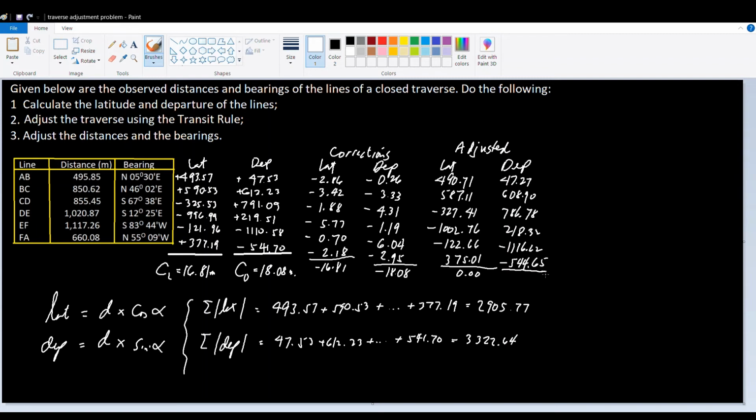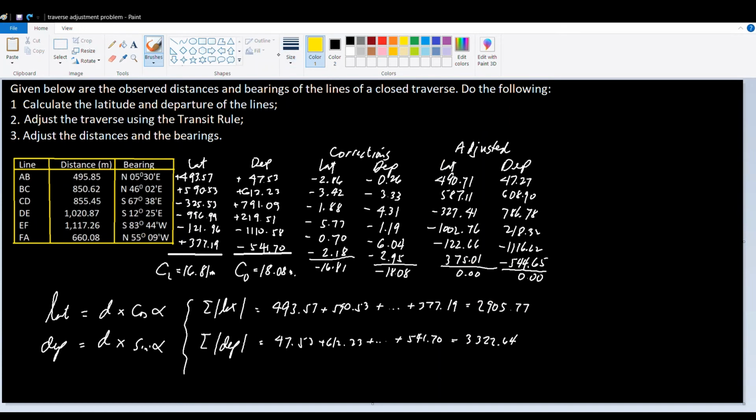Adding them together, you should get 0. Okay? So now we have already adjusted the latitudes and the departures because their sums are both equal to 0.